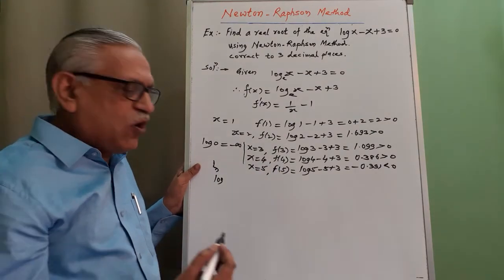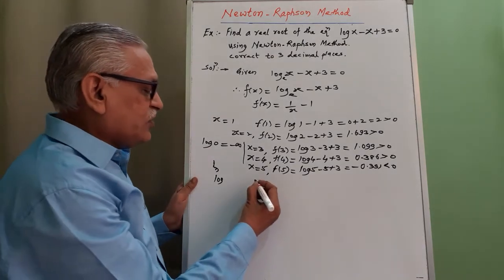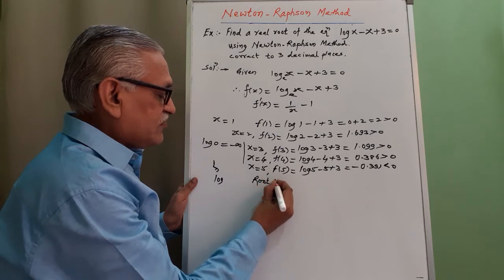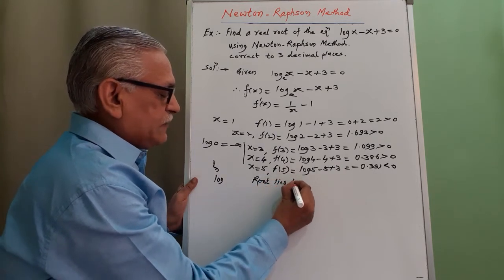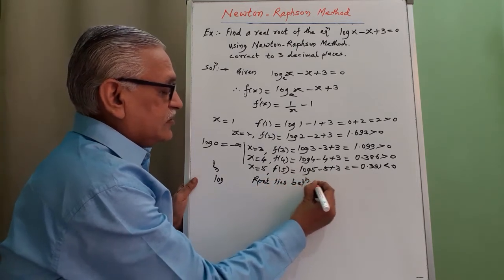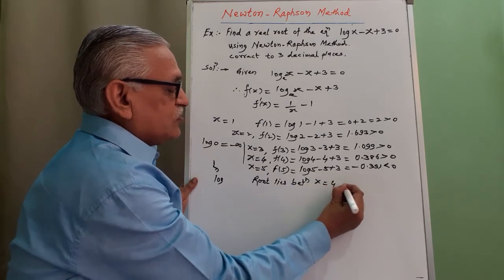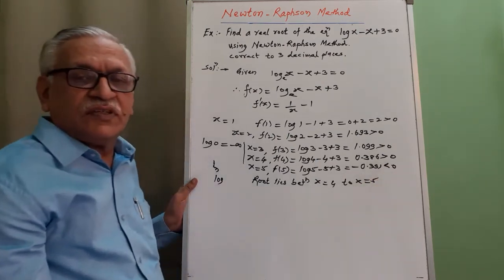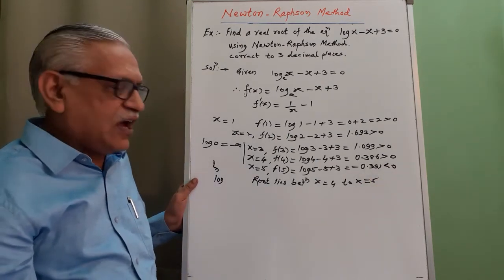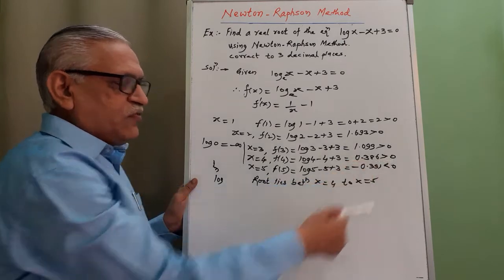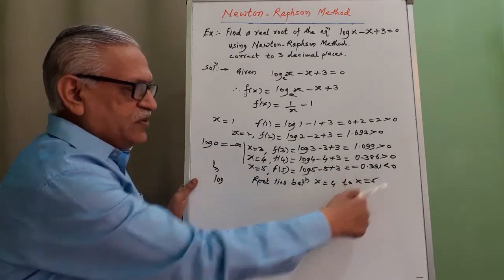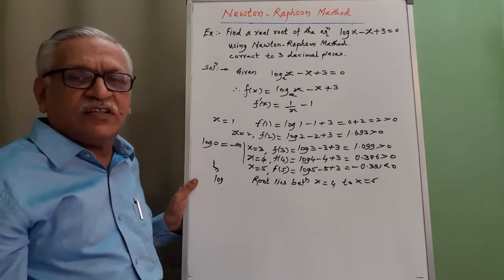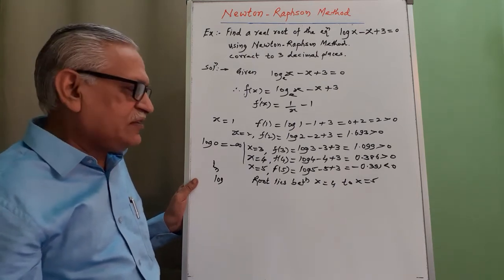Therefore, we consider the smallest interval, and that smallest interval here, therefore root lies between x is equal to 4 to x is equal to 5, as the function has opposite signs. For 4 we have a positive value, and for 5 we have a negative value, and therefore out of these two values we have to consider one of them as x0.